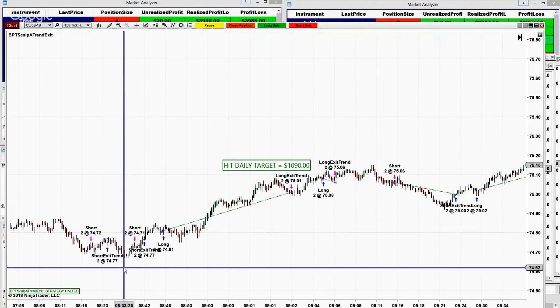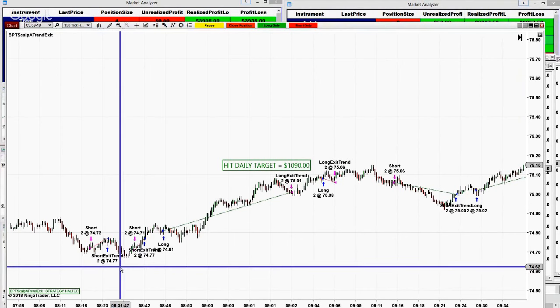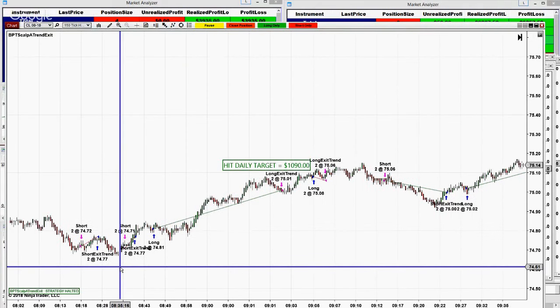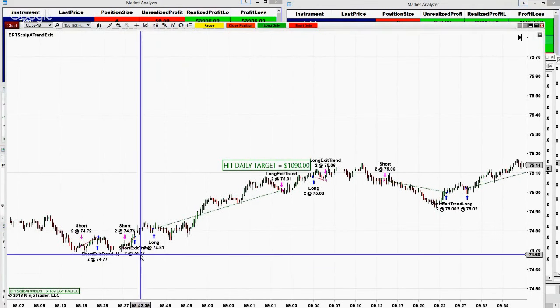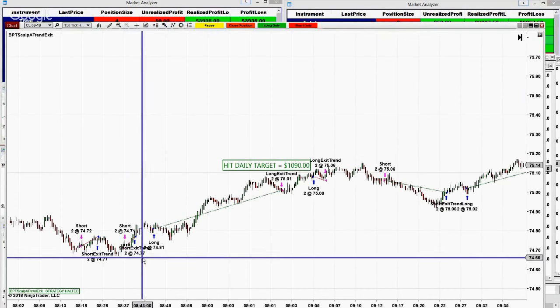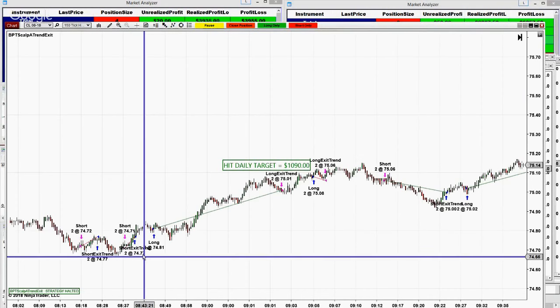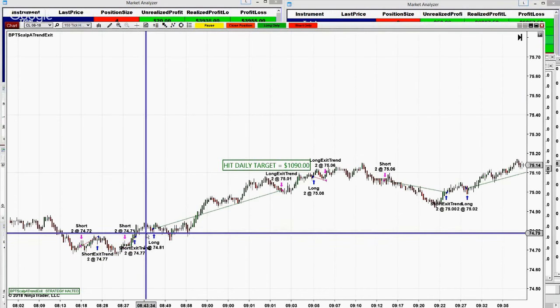How many ticks? 5 ticks. Can we afford 5 ticks? Yes, hell yeah, we can afford 5 ticks. On one contract, that is $50, it is nothing. Then the second entry was 74.77. Fair enough. We exit at 74.71.